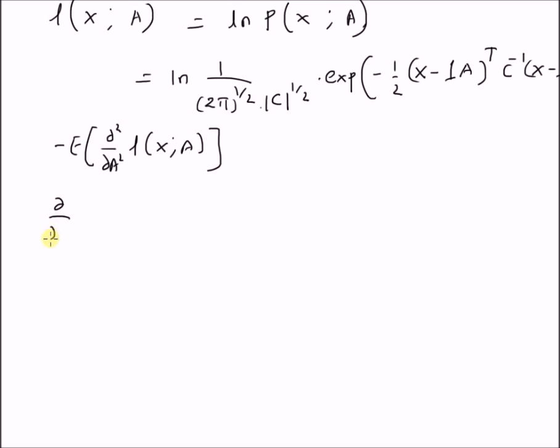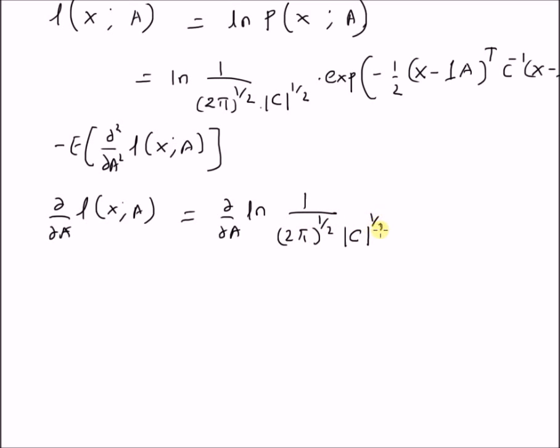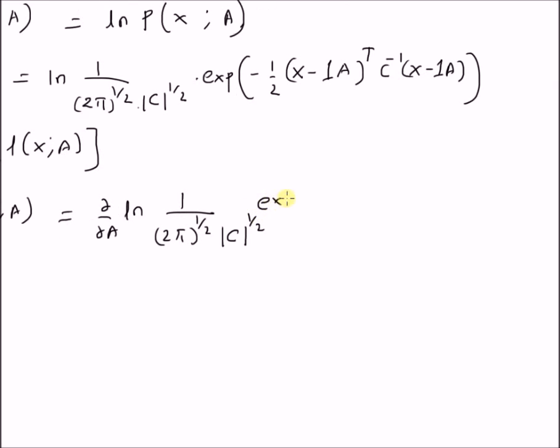So first we have to define the first derivative of the log likelihood function of x given the parameter A. This is the derivative of the logarithm of 1 over (2 pi)^(1/2) determinant of the matrix C^(1/2) multiplied by the exponential of minus 1/2 (x minus 1A) transpose C inverse (x minus 1A).